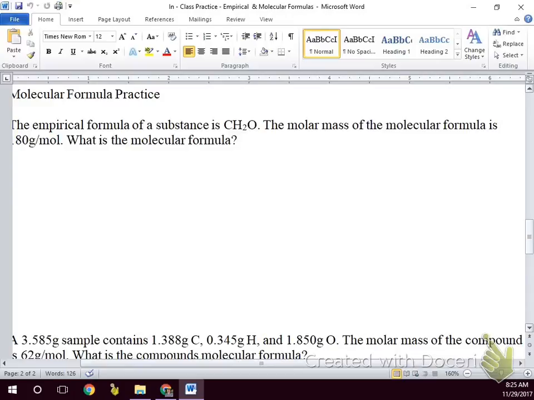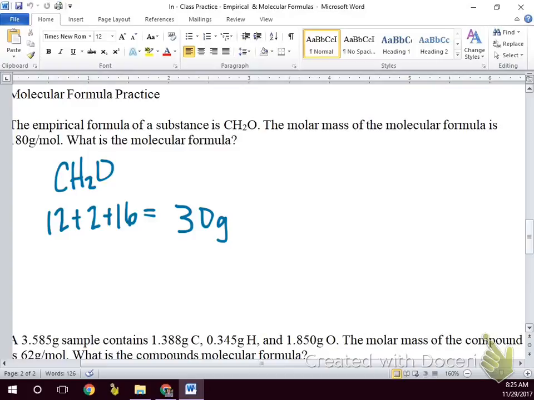We don't need to find the empirical formula to begin with. All we need to do is find its molar mass. So CH2O would mean 12 plus 2 plus 16, which gives us a molar mass of 30 grams per mole.